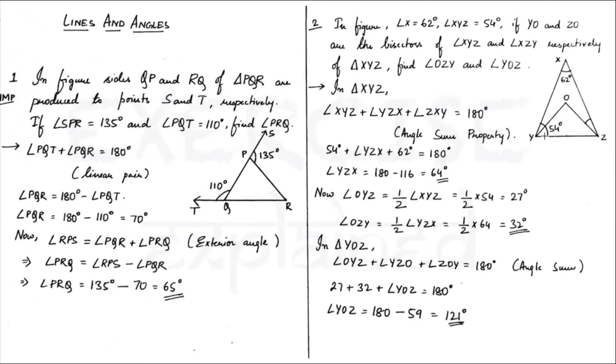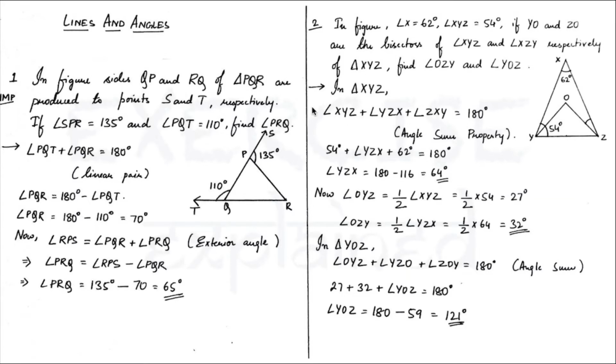So by angle sum property, you can see in triangle XYZ, that means the bigger triangle, angle XYZ plus angle YZX, which is this angle, plus angle ZXY, the top angle here, is equal to 180 degrees. So that's by angle sum property.